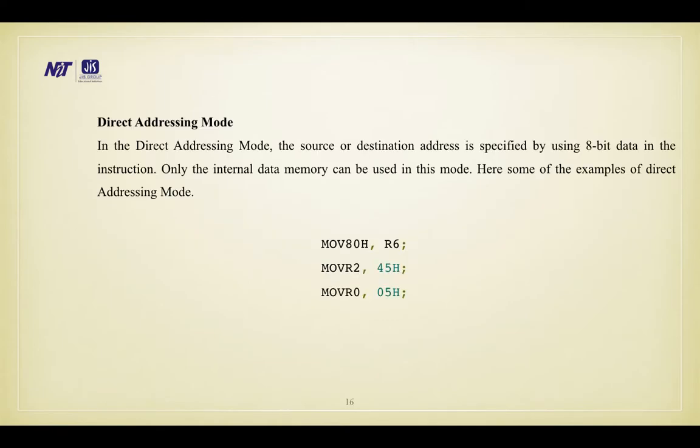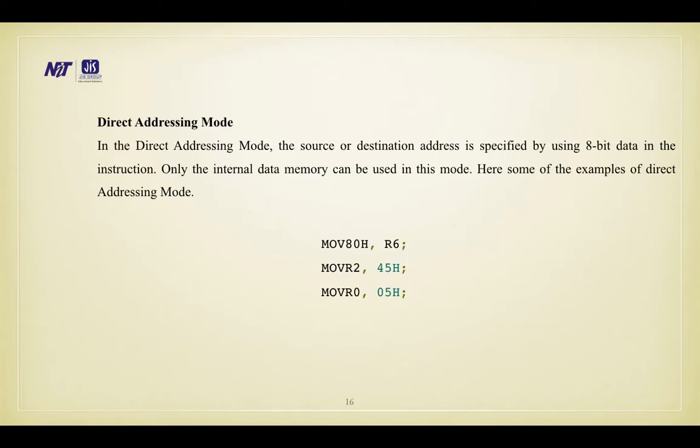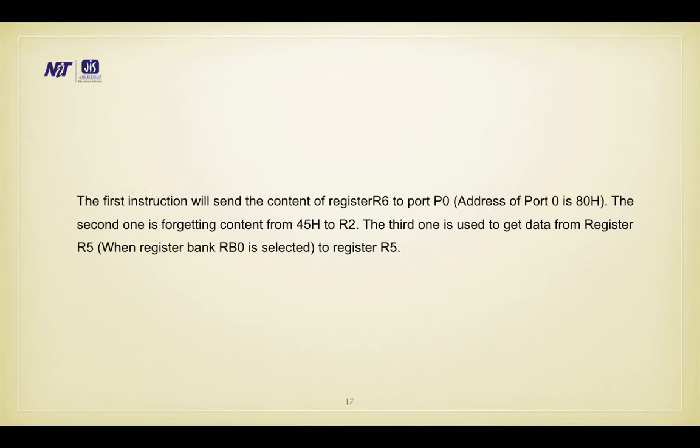So the content of 45H will be transferred to register 2. The third one is used to get data from register R5 to register R0 when the register bank RB0 is selected.